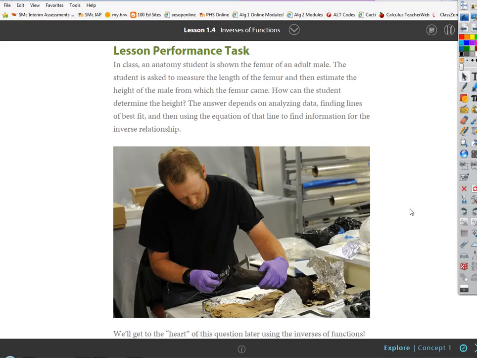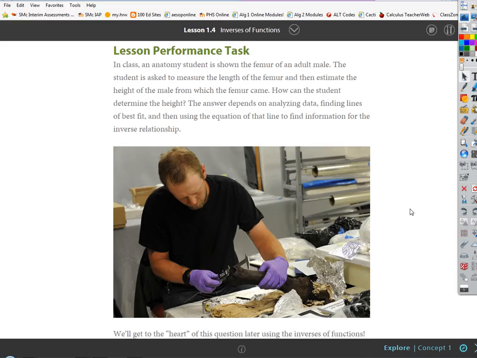if we've got some function that links height to femur length, what if we wanted to flip that backwards, right? So let's say that we had an equation that predicted femur length as a function of height.